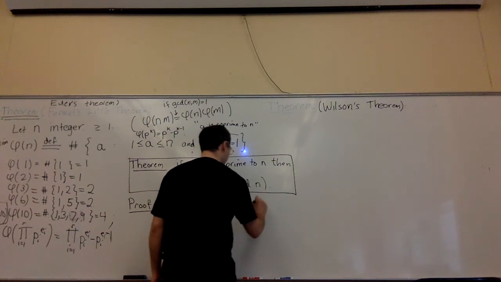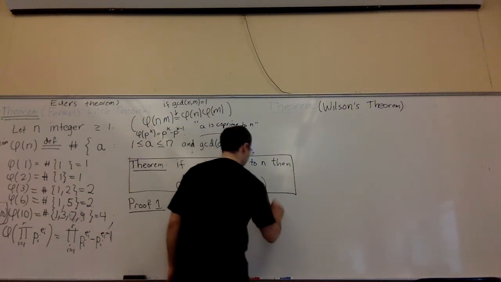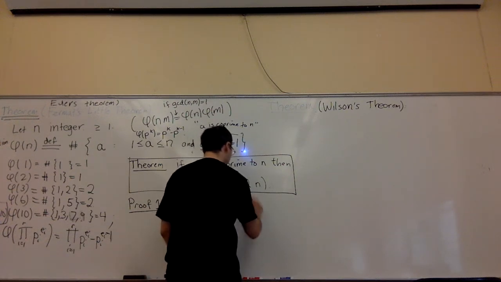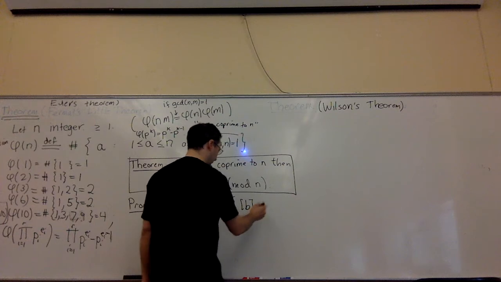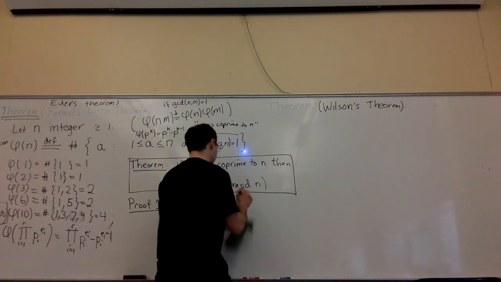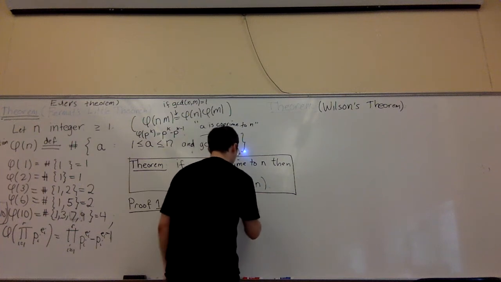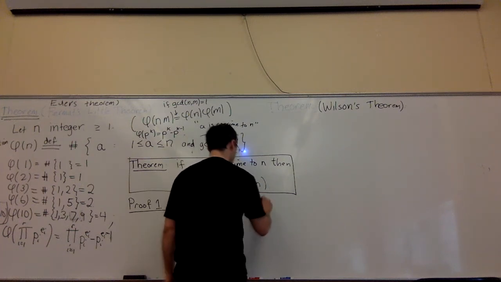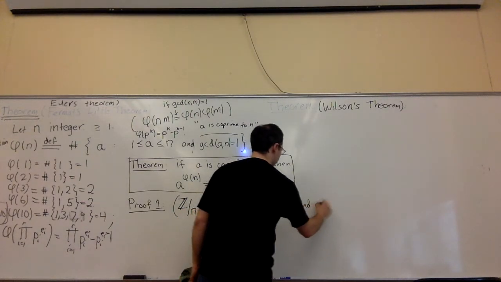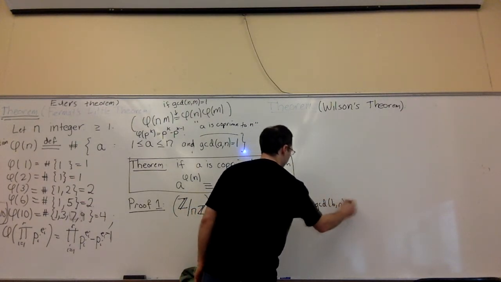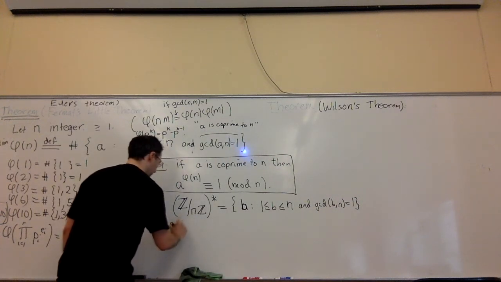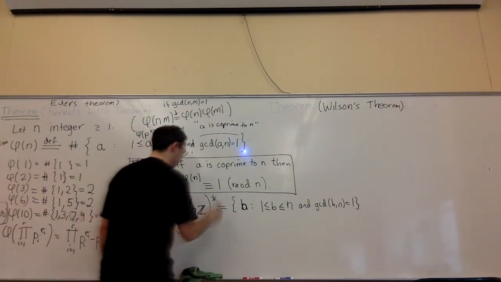The set of square brackets b, the equivalence class of numbers mod n, such that 1 is less than or equal to b, is less than or equal to n, and the GCD of b and n is equal to 1, is a group under multiplication and reduction modulo n.